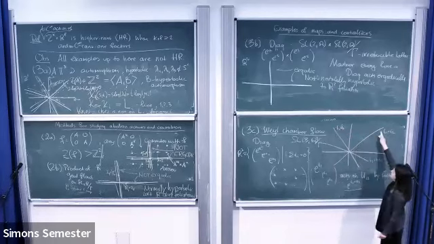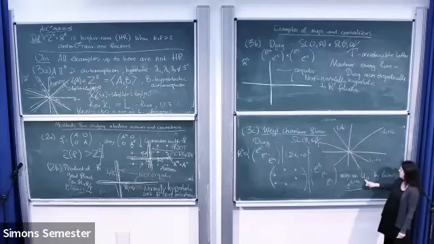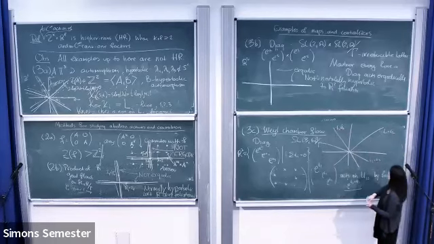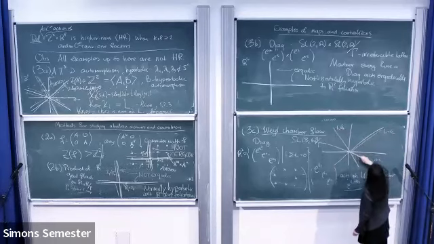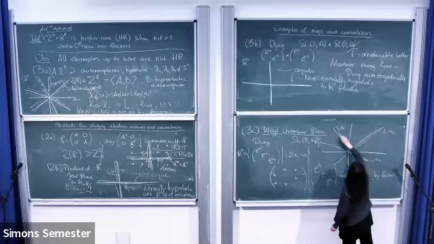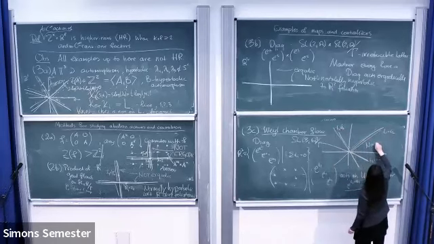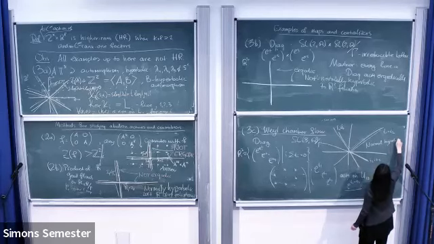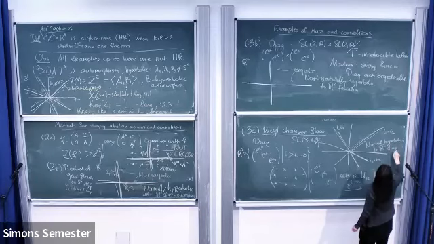So on these lines, I'll have elements which have an extra neutral direction. But otherwise, in all the other chambers, all the other cones, I will have normal hyperbolicity for the R2 diagonal action.